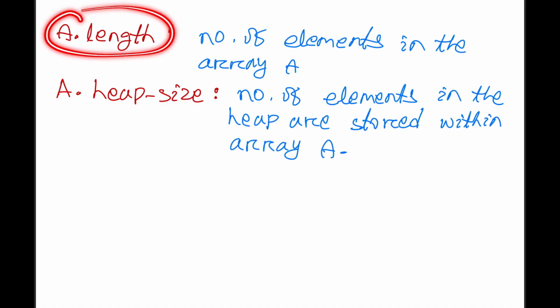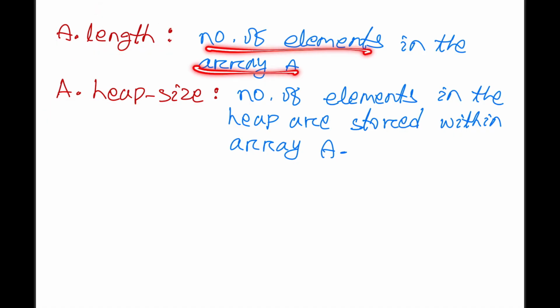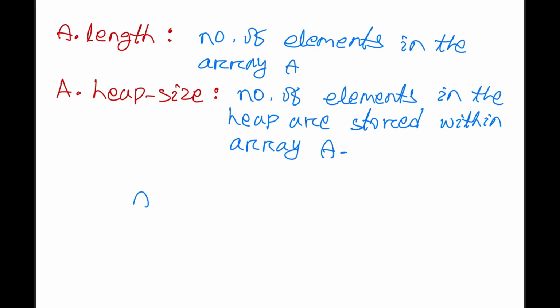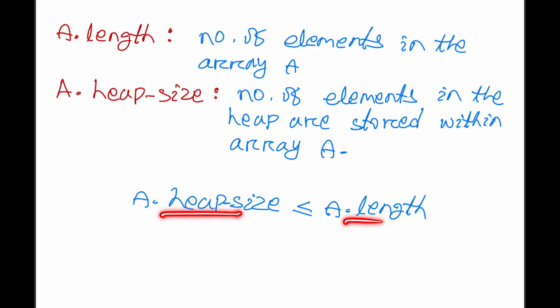A dot length represents the number of elements in the array A, and A dot heap size represents the number of elements in the heap that are stored within array A. We know that the heap size is always less than or equal to A dot length, and it is larger than or equal to 0.